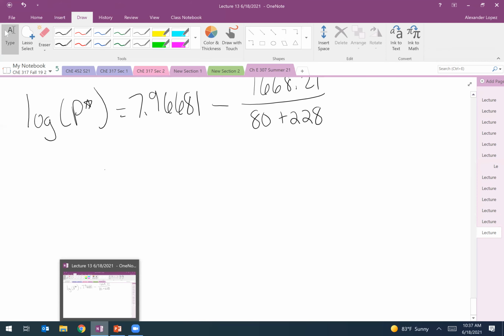So if I solve for my vapor pressure, I should get 355.3 millimeters of mercury for my vapor pressure of water at 80 degrees C.